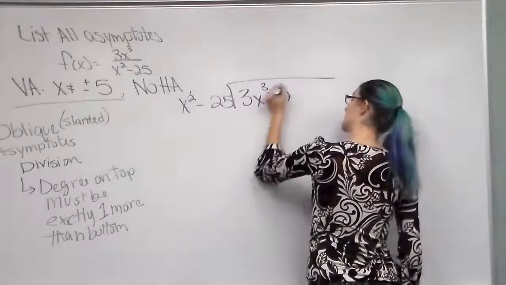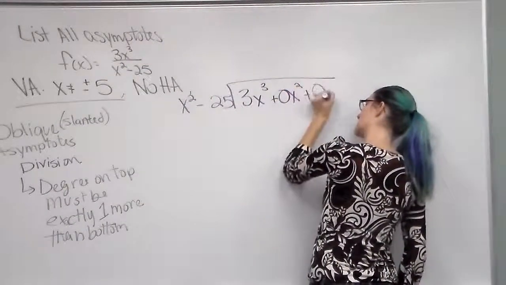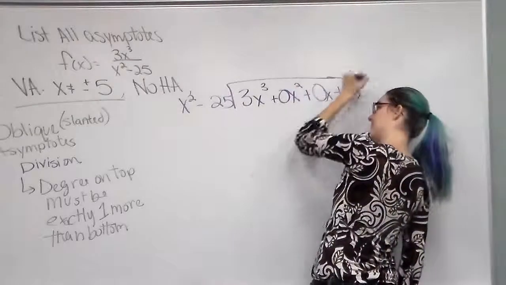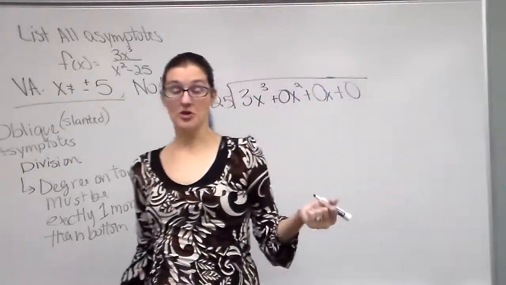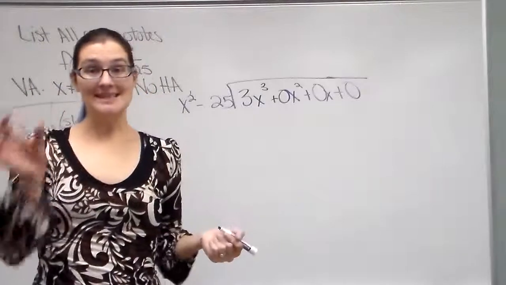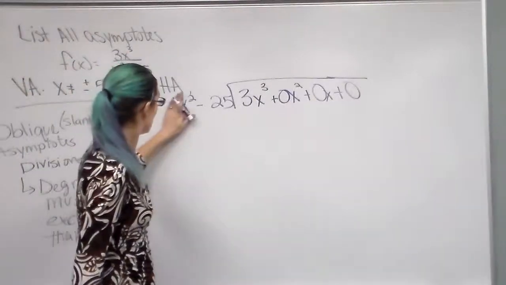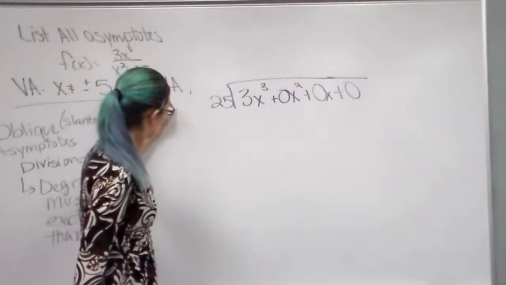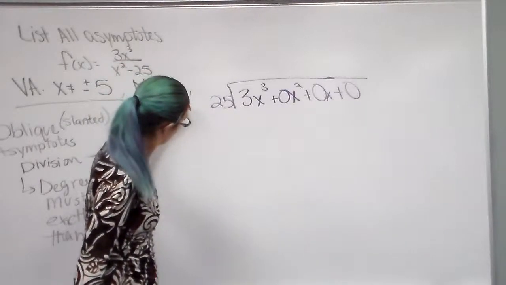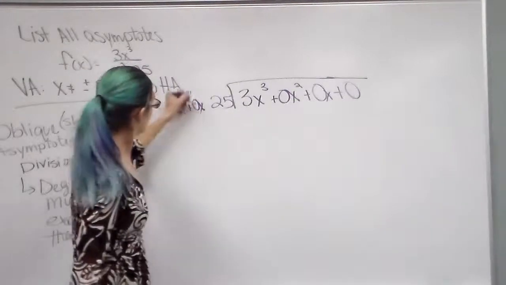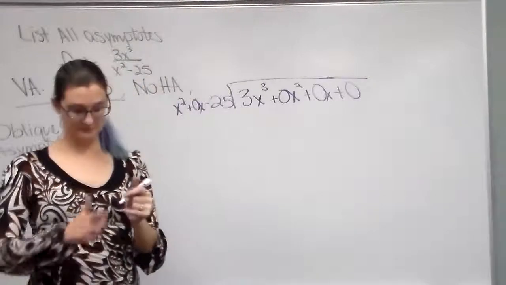I need plus 0x squared plus 0x plus 0. I haven't changed the value of the problem, but I need something holding every place. Same thing over here. I need an x. X squared plus 0x, that was a minus 25.